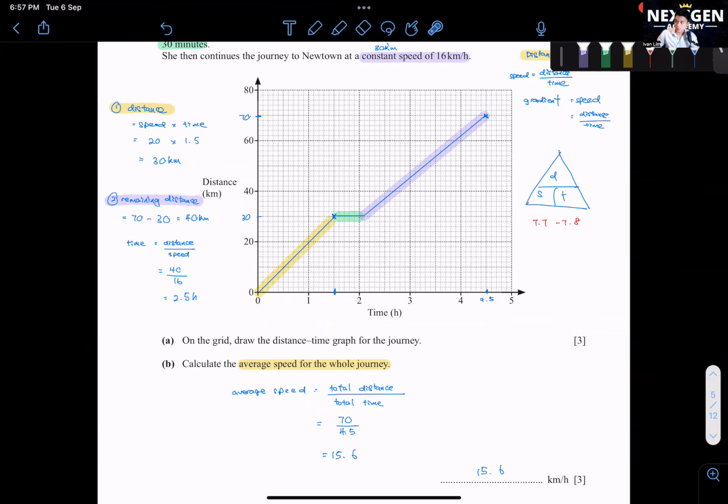Any more questions? Have to be extra careful. This one, for those who are doing physics, if you all can master this, your physics on speed, distance, time, this one also easy for you to do, right? Okay, cool. Can?